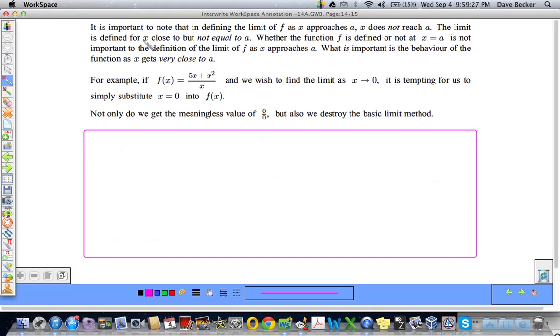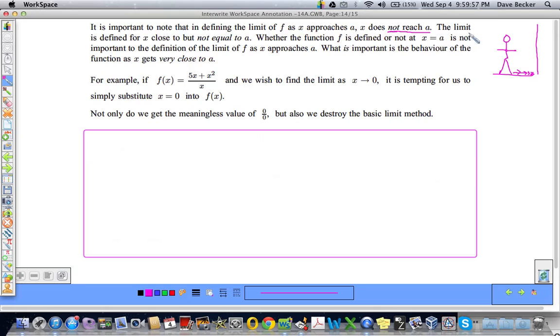Now, some very, very important stuff here. When we define the limit of f as x approaches a, x does not reach a. It gets closer and closer and closer. I think I've given you the example of some guy walking towards a wall. If this dude goes halfway to the wall every time, theoretically he will never, ever get to the wall.